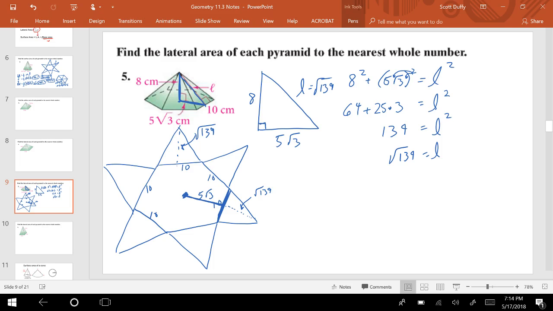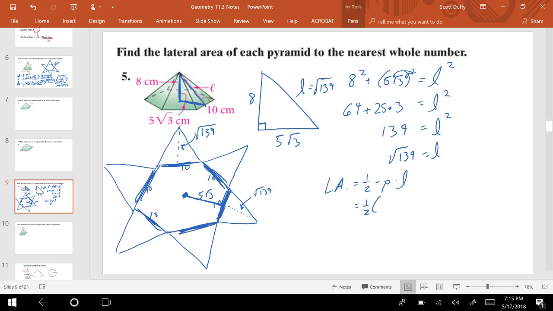Now let's say that we want to find the lateral area, or the area of all those triangles that go up to make the point of the pyramid. We take 1/2 times the perimeter times the slant height. What is our perimeter? Well, that would be 10 plus another 10, 10, 10, 10, 10.